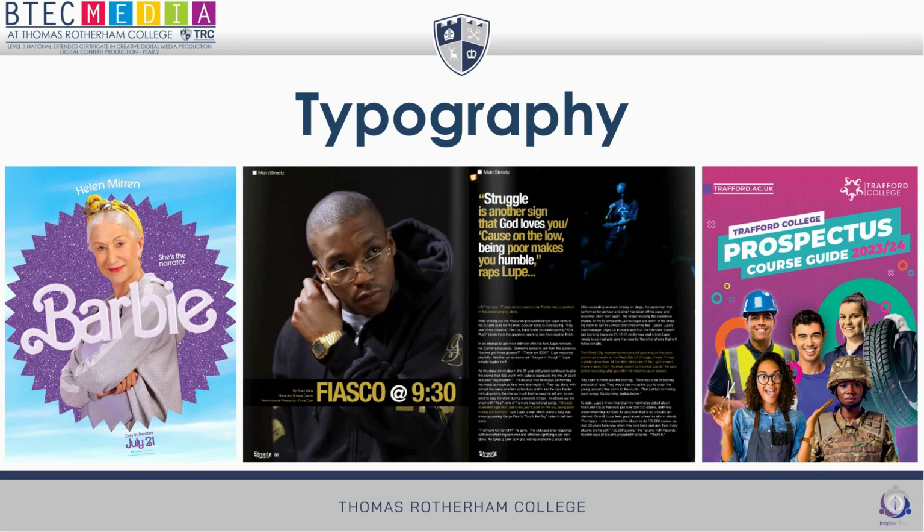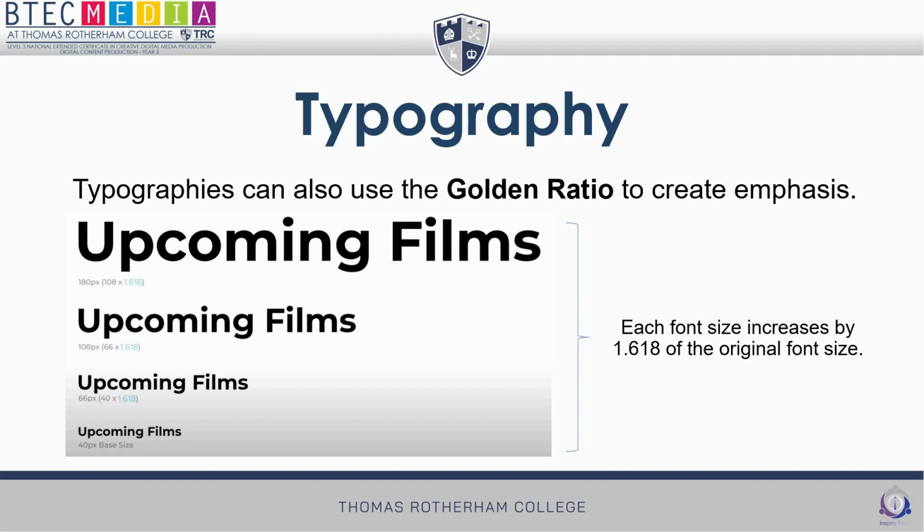You can use the golden ratio in typography to help create emphasis. So for example, all of these fonts here are 1.618 times the original font size, and it is a nice little way of making a piece of text seem more important.